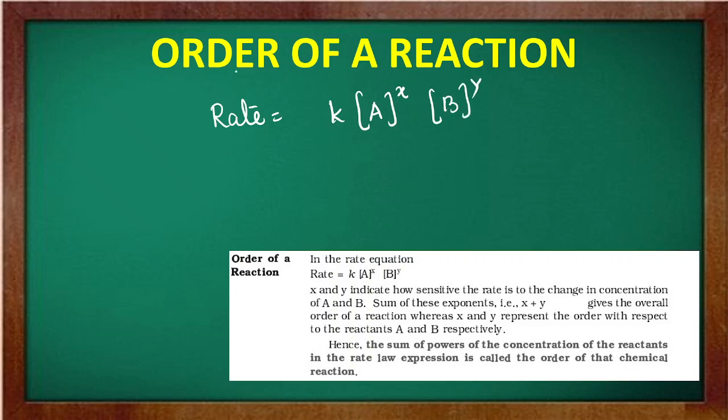So the order of a reaction is defined as the sum of the powers of the reactants given in a rate law expression. So the order of a reaction is equal to x plus y. It means the value obtained by adding x and y is called the order of a reaction.